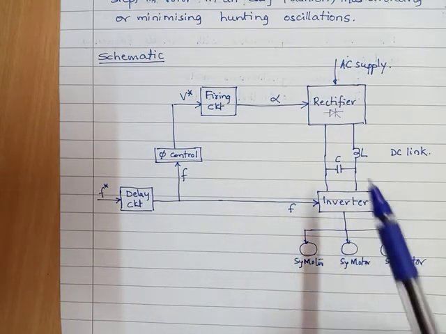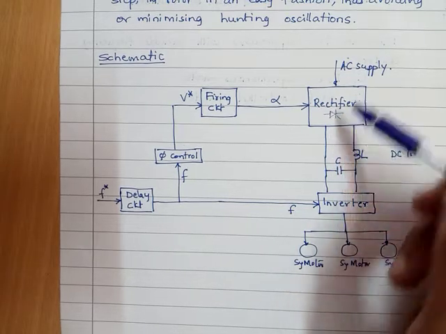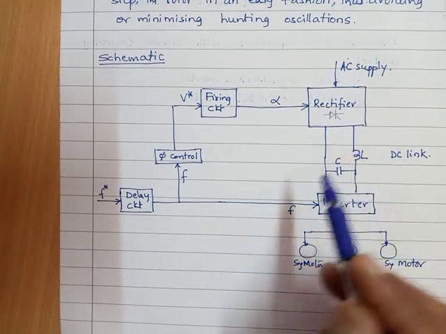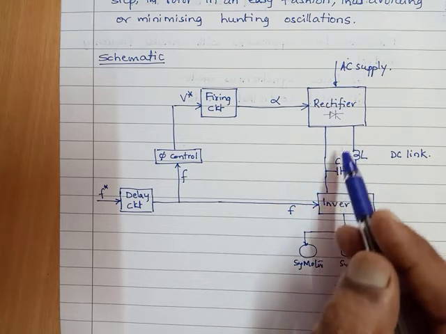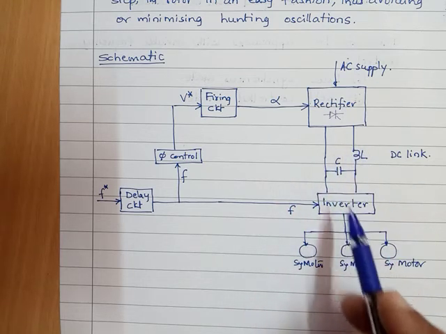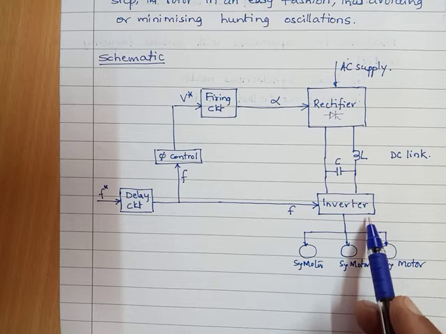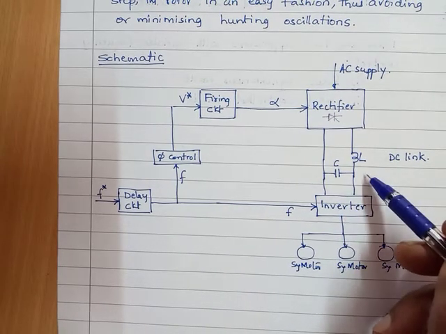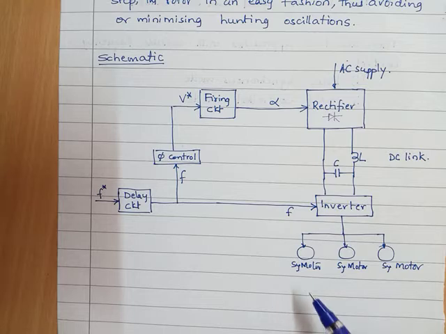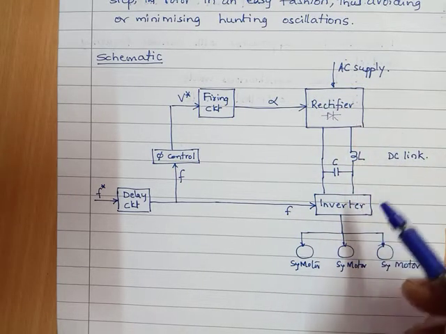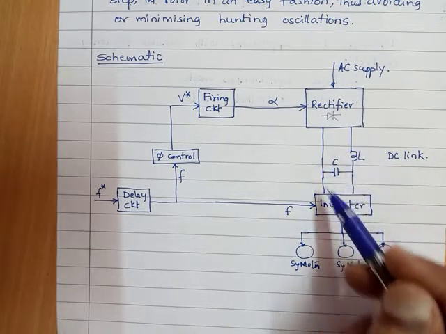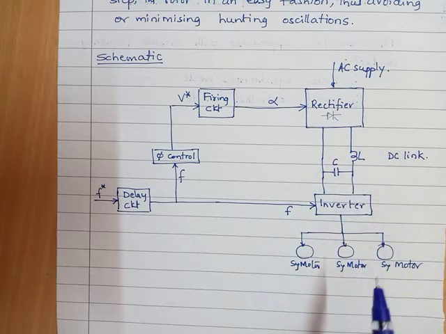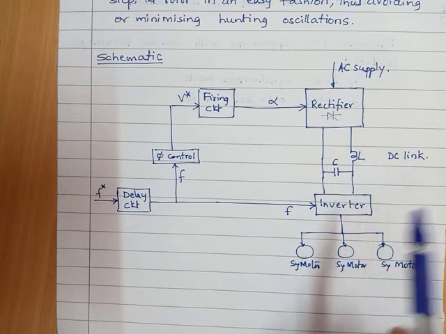And this is the rectifier. AC is here, and obviously on this side we have DC, and this DC is fed to an inverter. The inverter changes this DC into AC. Between the rectifier and the inverter, we have this DC, called the DC link.